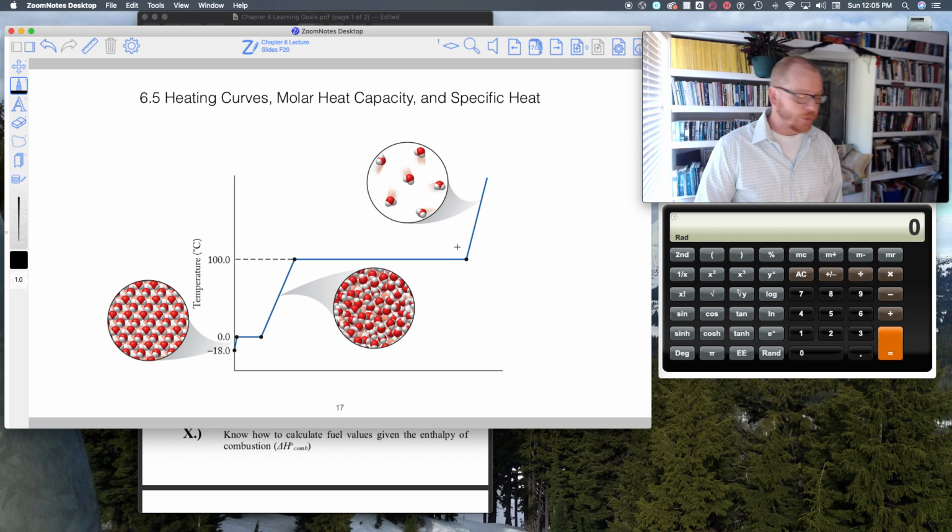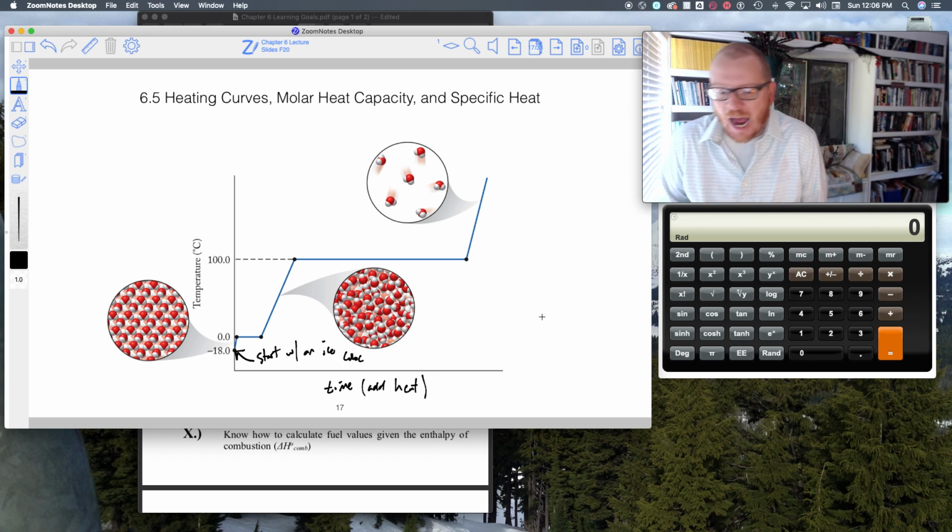What I want to point out are some interesting things you would see if you were to start at minus 18 with an ice cube, and we started steadily applying heat over some period of time. So on this x-axis here, we add heat steadily over time.